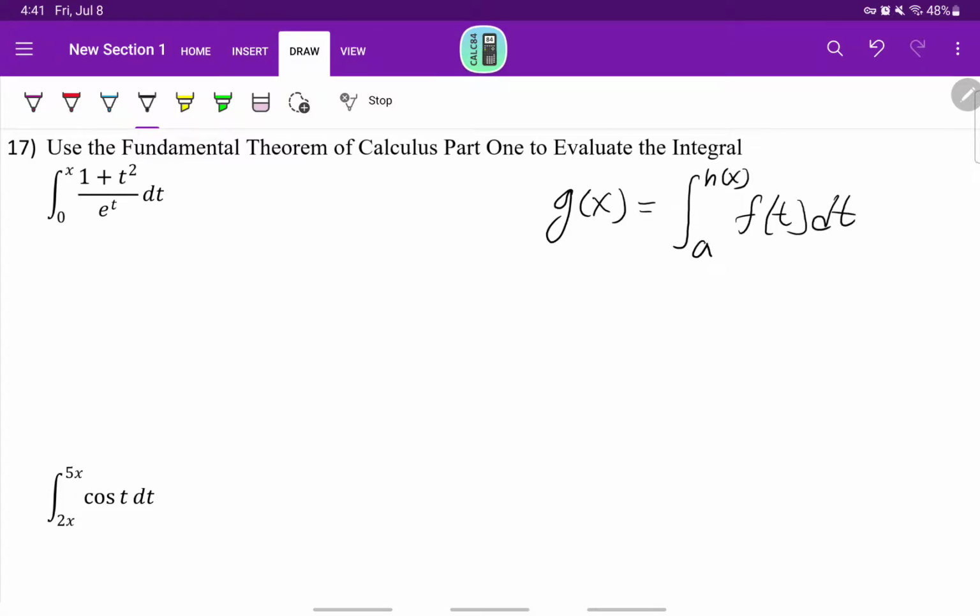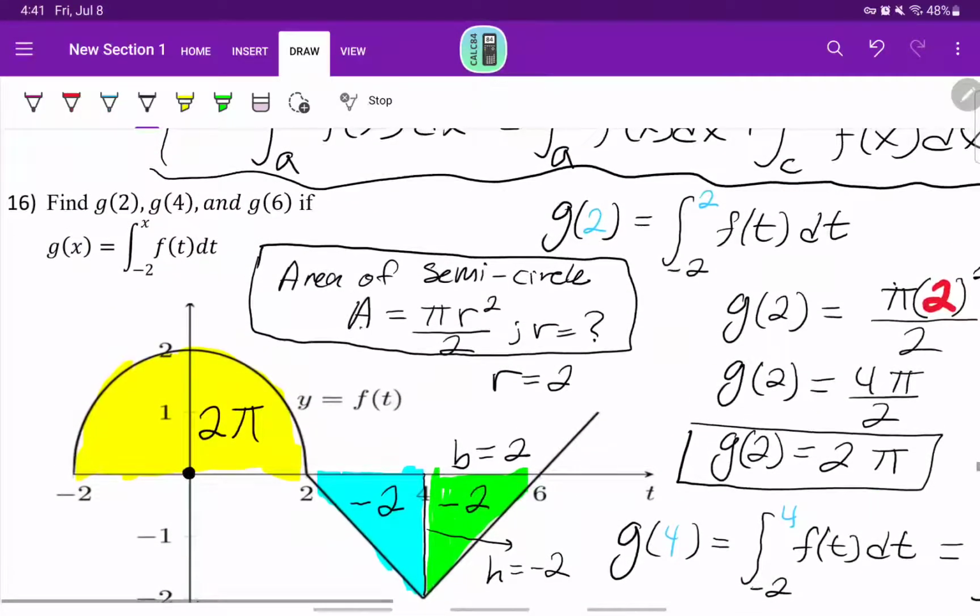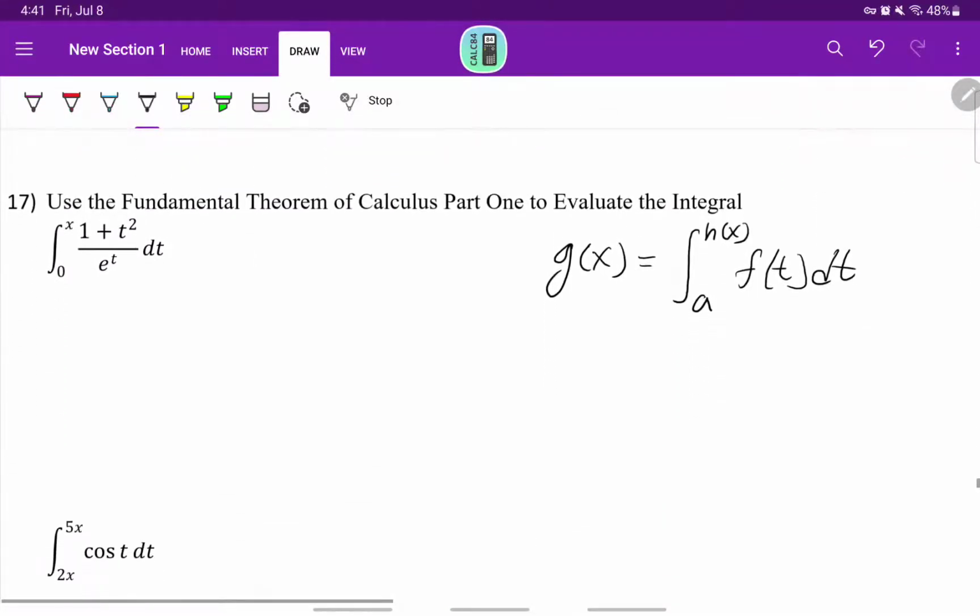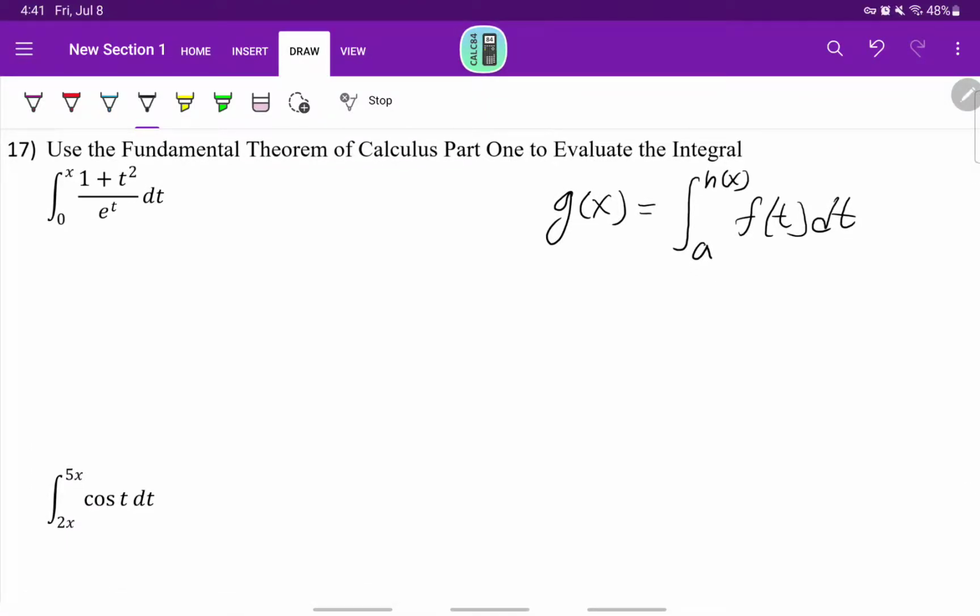It's kind of similar to what we've seen in question number 16. The h of x was just x to the first power. Then, if we take the derivative of both sides of this function, the derivative of g of x is going to be g prime of x.